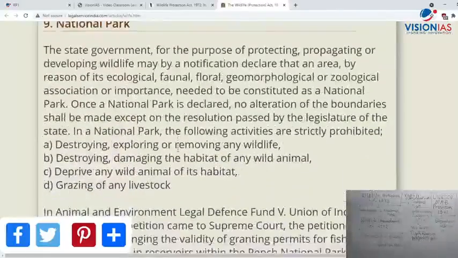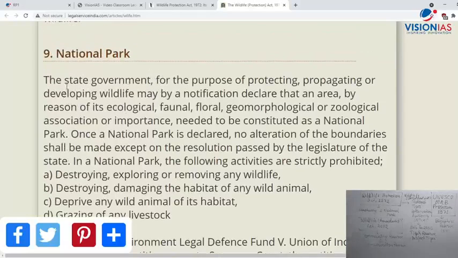Now national park, if you look at national park here, now see very clearly, state government. You should not get carried away by the word that national park is by the central government and sanctuary by the state government. Nowadays many new teachers have come up, hey guys, what's up, and so you'll find on YouTube.